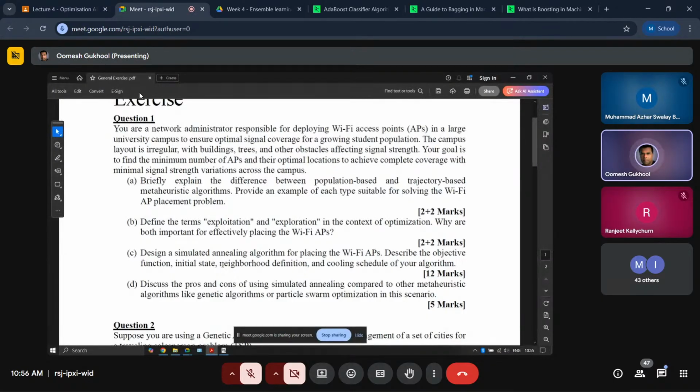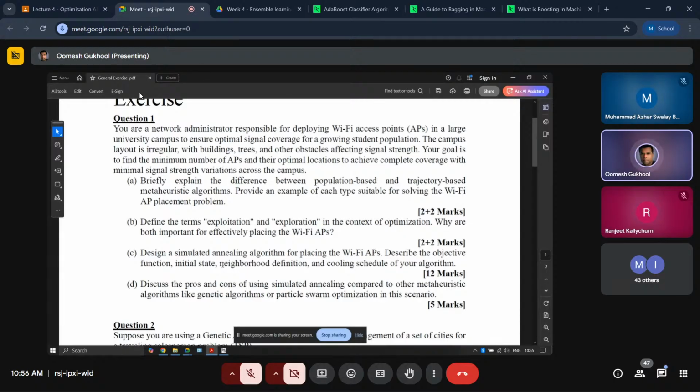The neighborhood definition was already in the algorithm. I can just use a comment to mark it wherever I include the neighborhood definition. These are the neighborhood definition. The cooling schedule, I just put a comment in the code. This is the cooling schedule.